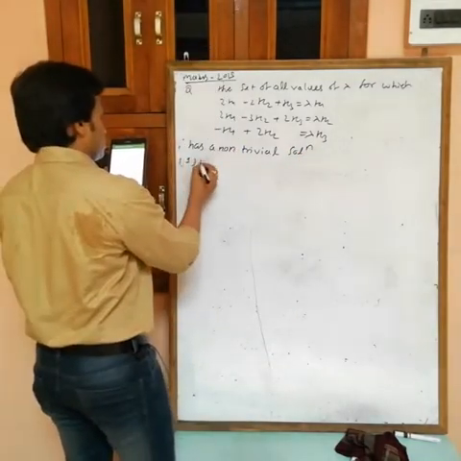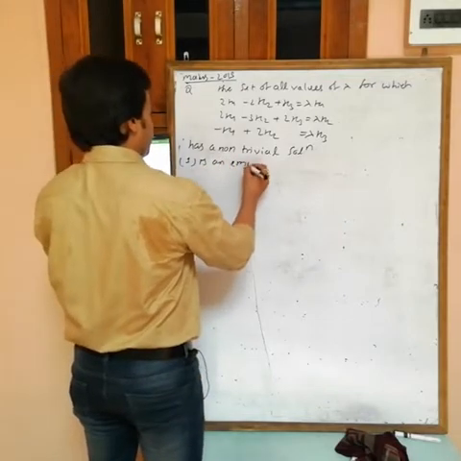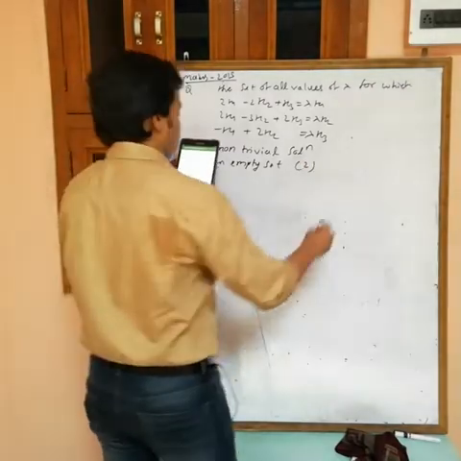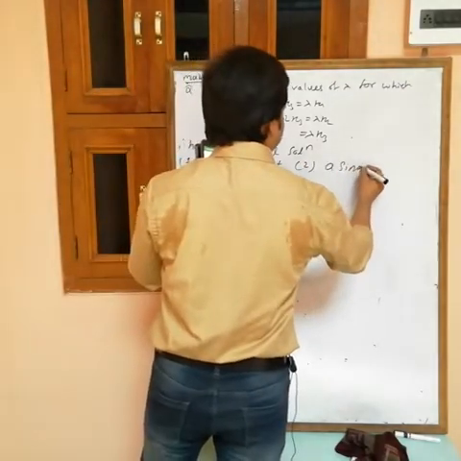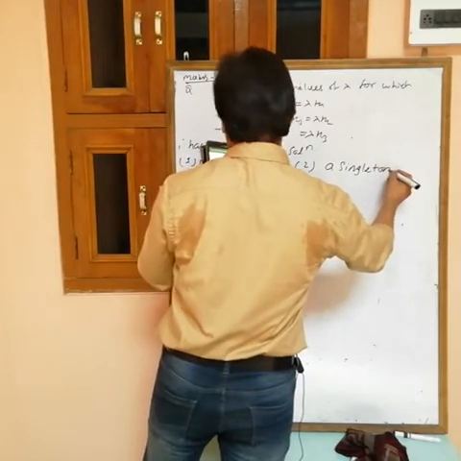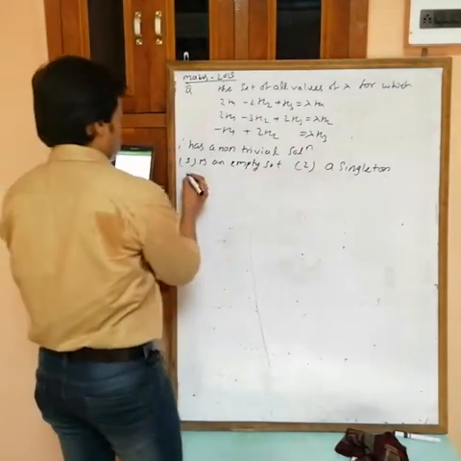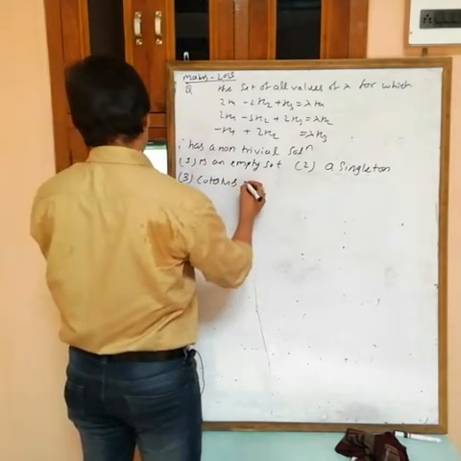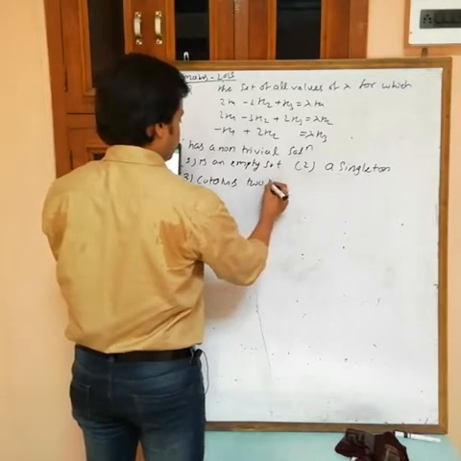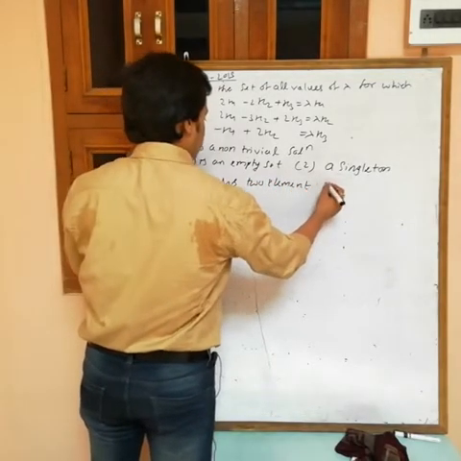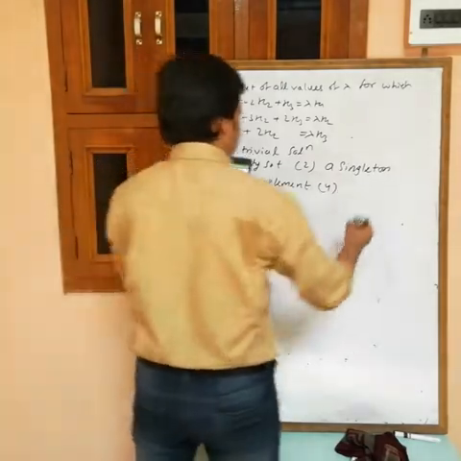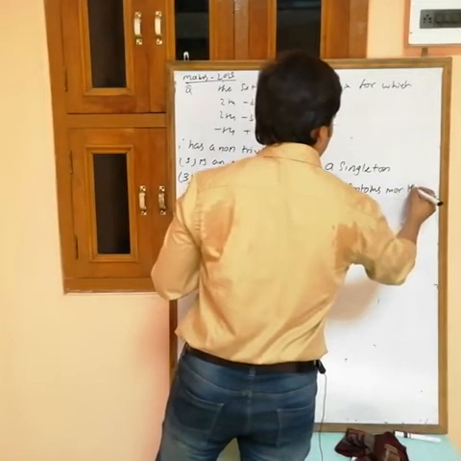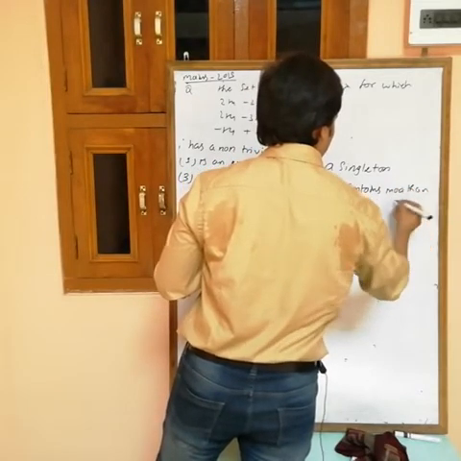First option is an empty set. Second option, a singleton. Third one contains two elements, and fourth one contains more than two elements.